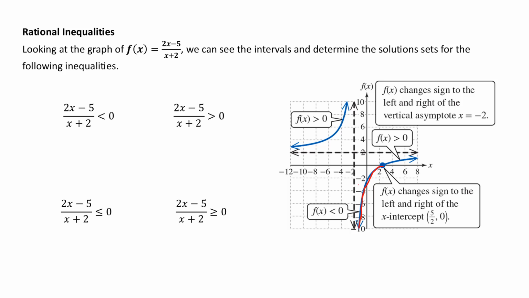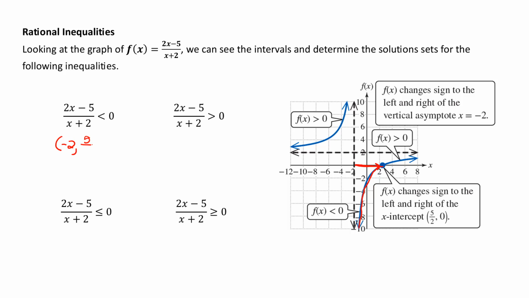So there's an asymptote at x equals -2, so from -2 up to the 0 of the function, which is at 5/2. We're not including 0.